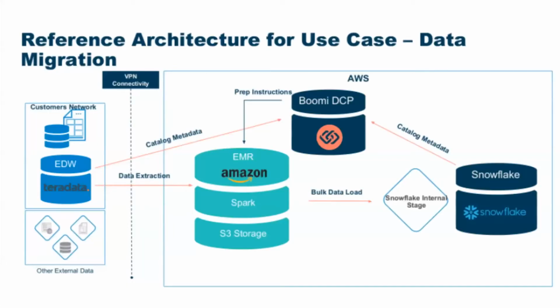This is just a quick architecture of the way Boomi DCP sits in your organization. You host it on an EMR in Amazon, and it leverages Spark and a Hadoop back end so that it can perform all of its magic. You can see that Boomi DCP usually sits in the middle of a bunch of different systems.